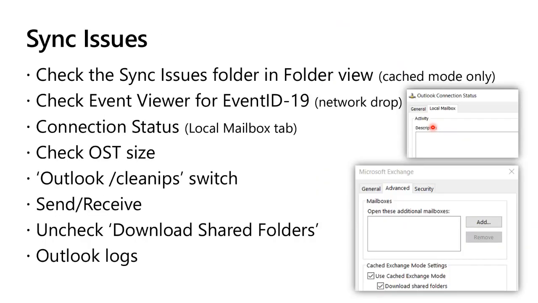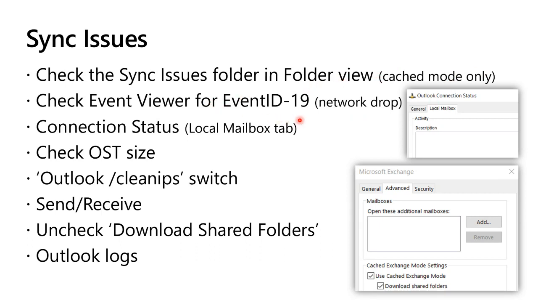Coming to sync issues, Outlook synchronizes with the mail server on a regular basis in the background. The Sync Issues folder in the Outlook folder view can be checked. Generally, the sync folders hold logs about problems encountered when syncing Outlook items to or from the mail server.